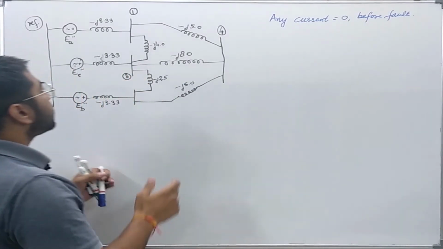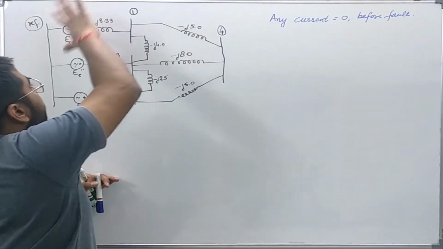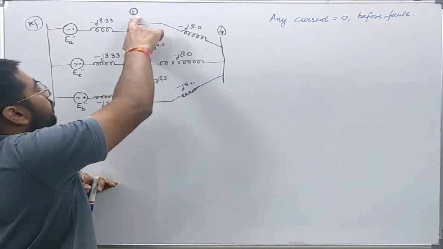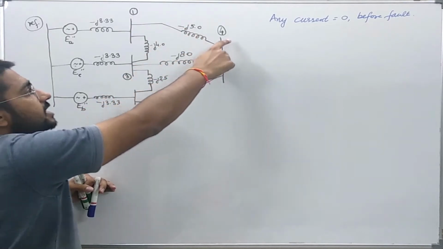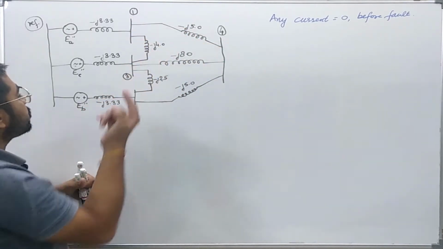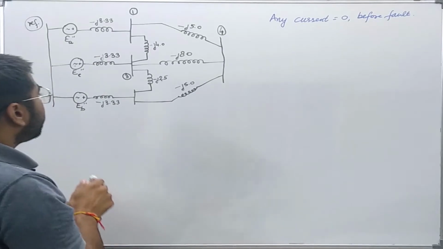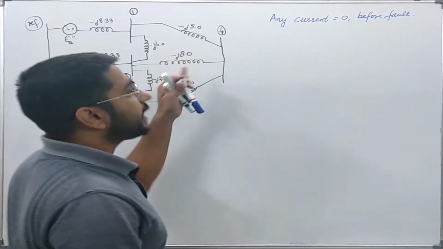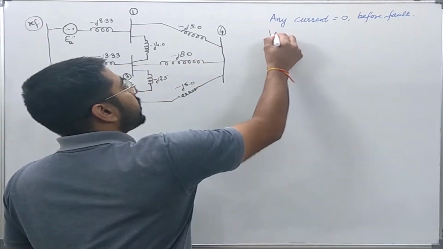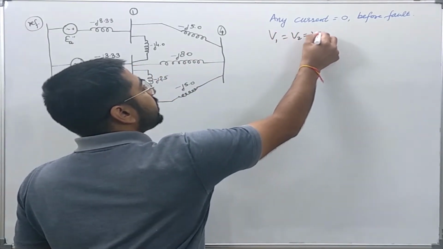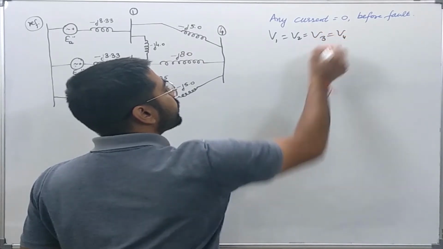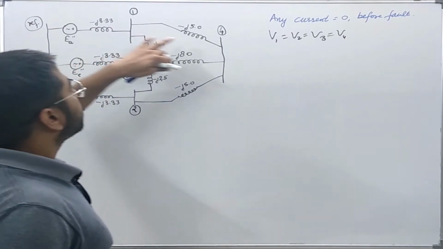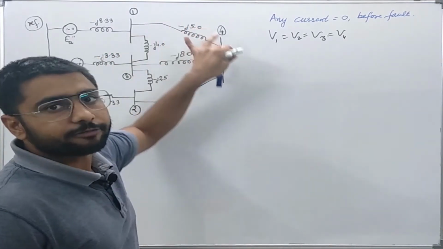It implies that there is no current in the system, then the voltage at bus 1 is equal to the voltage at bus 4, bus 3 and bus 2. So the voltages at the various buses are V1 = V2 = V3 = V4, since there is no current in the network.